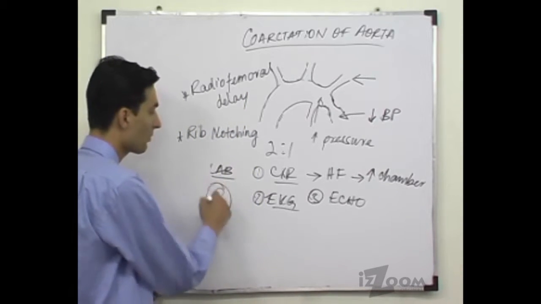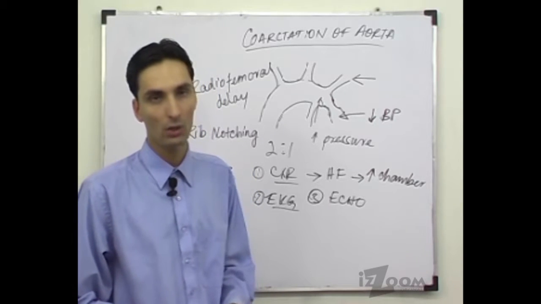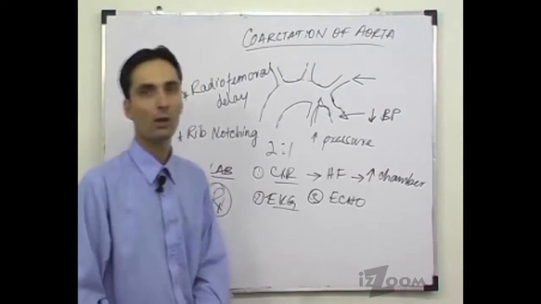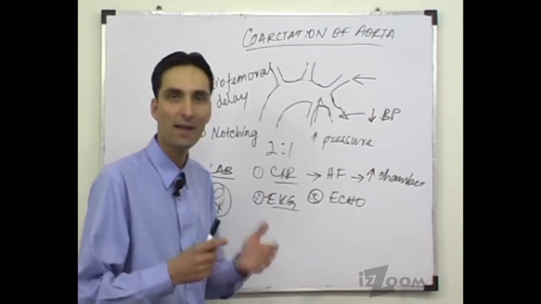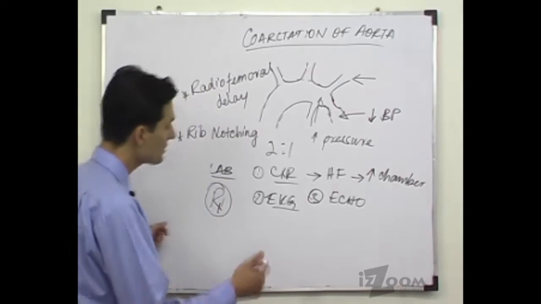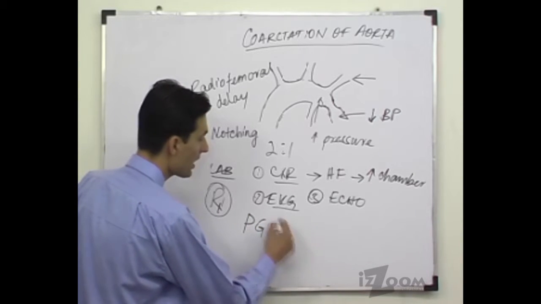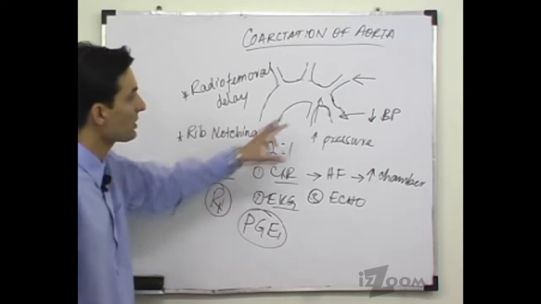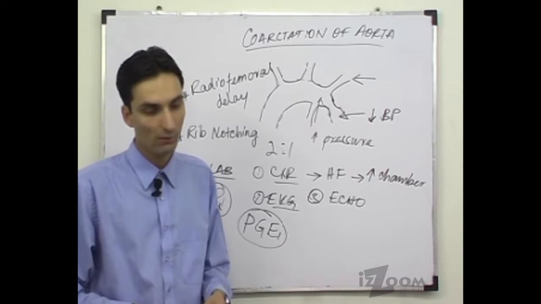The treatment of coarctation is surgical correction. In neonates in whom surgical correction may not be possible at that instant, you can give infusions of prostaglandin E1, which will enable the ductus arteriosus to remain open until the surgery is available.